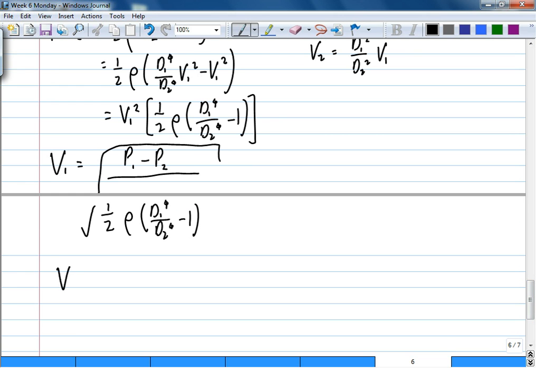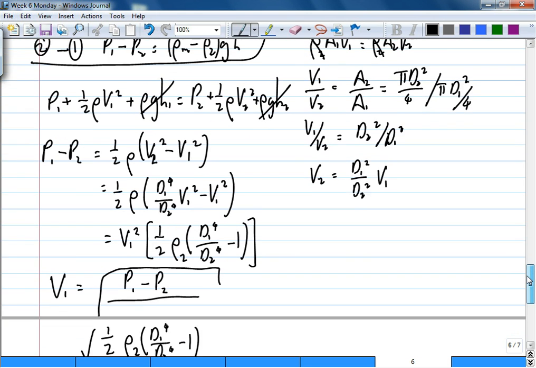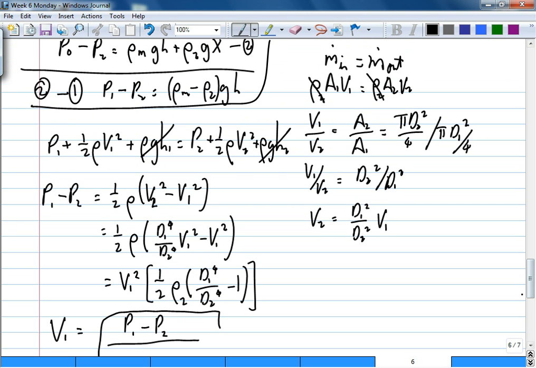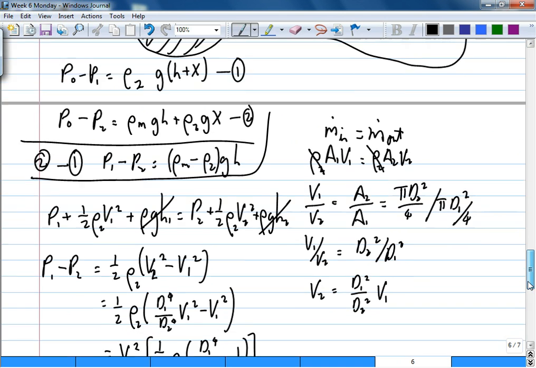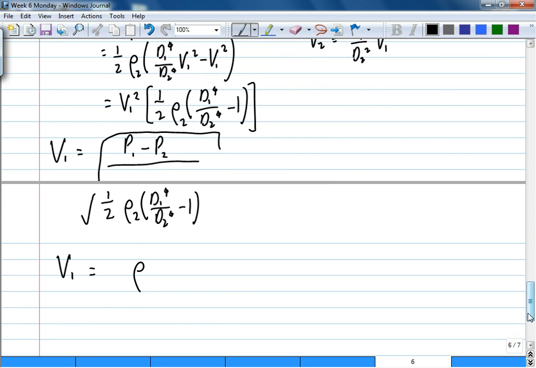Alright, V1 is equal to this rho, this should be rho 2 actually. I forgot all the rho 2. Okay, this all should be rho 2. It's the rho of the fluid inside the pipe.